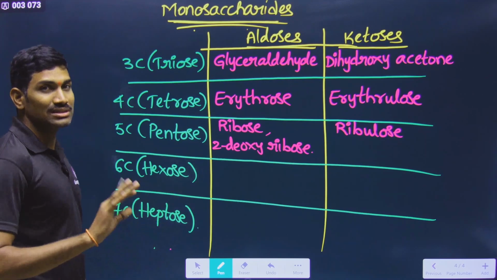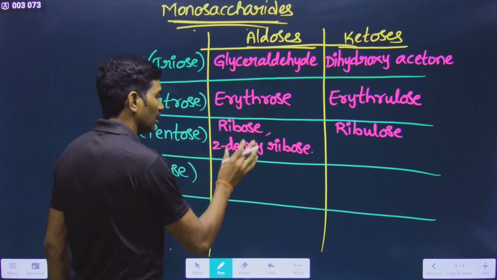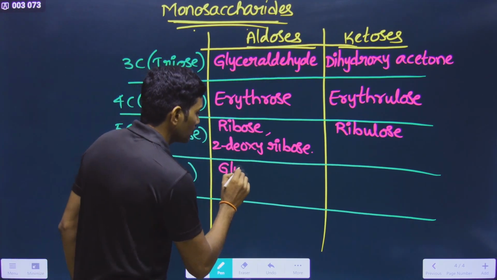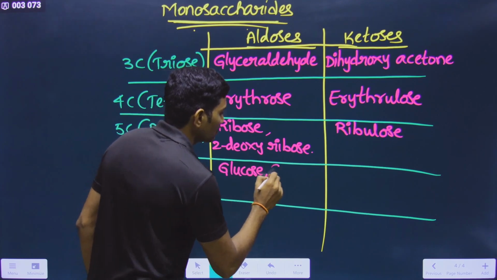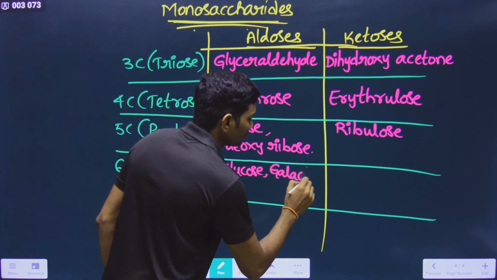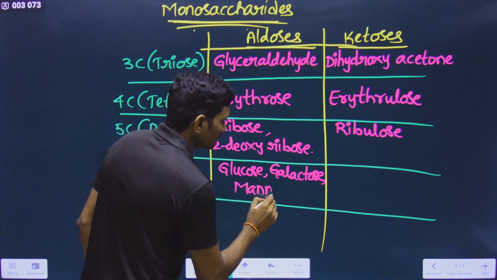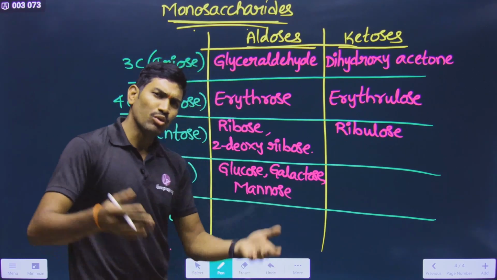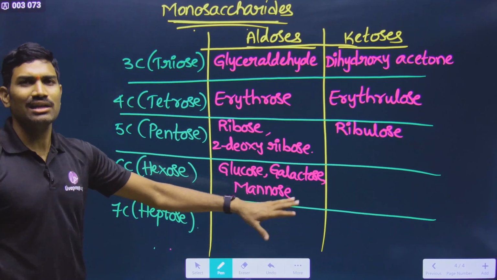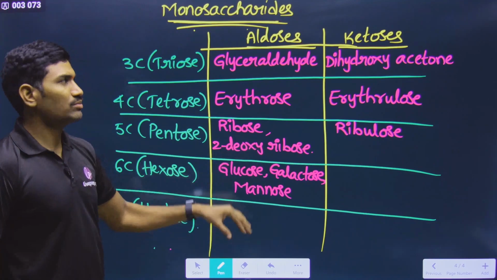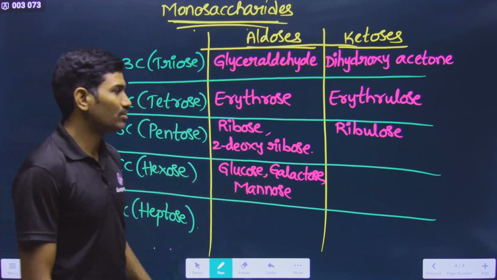Under the hexoses, 3 important examples are there. Under the aldoses, glucose, galactose, mannose. These are the 3 important ones. Not only this, so many are there, but these are most regularly used names. Glucose, galactose, mannose are 6 carbon aldehyde group containing.